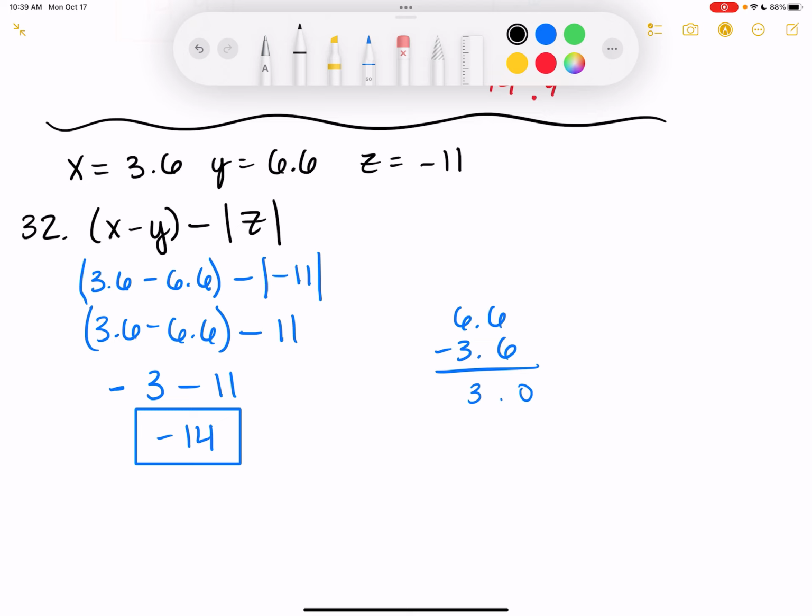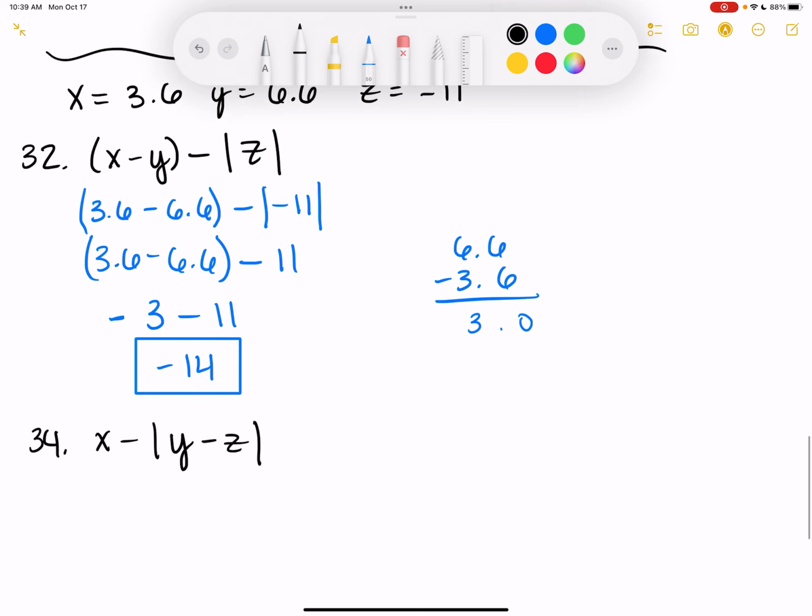Let's see. 34. We've got x minus the absolute value of y minus z. So we can plug our numbers in.